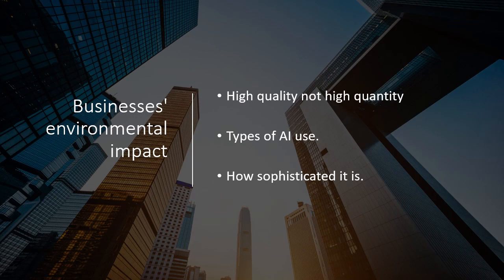Furthermore, businesses could adjust the types of artificial intelligence used and how it is used. These types would include spam filters, voice-to-text features, process automation, and others that have been earlier mentioned by Ben.